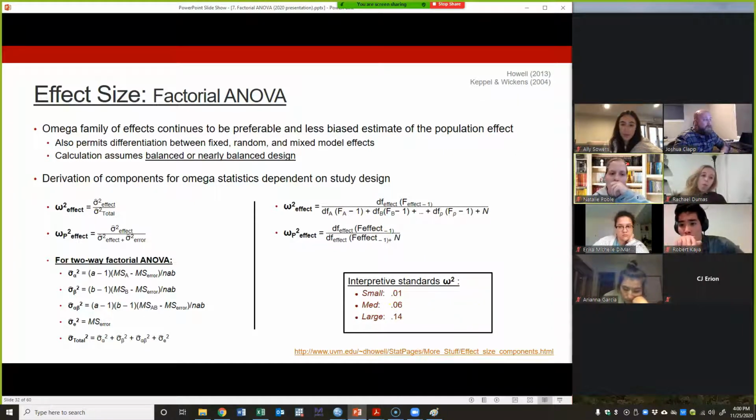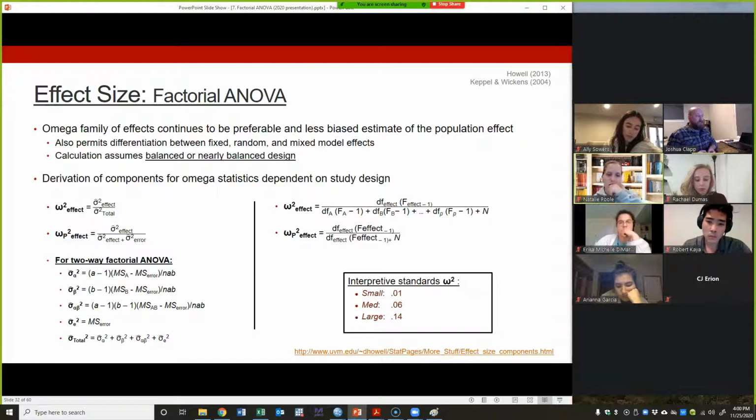Okay, so again, the distinction between the eta squared and omega squared families. Eta squared is nice to say for this set, this is what I'm seeing. But if I want to make a generalization to a population effect, I want to say that in general, I'm expecting the total variability in arousal in response to this film stimuli to be due to film.